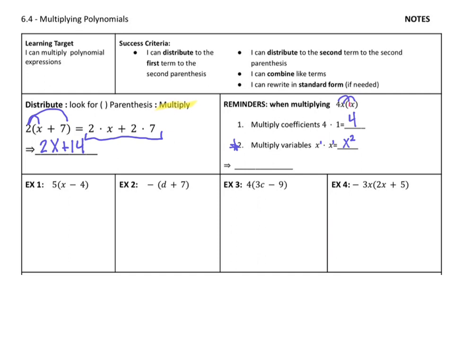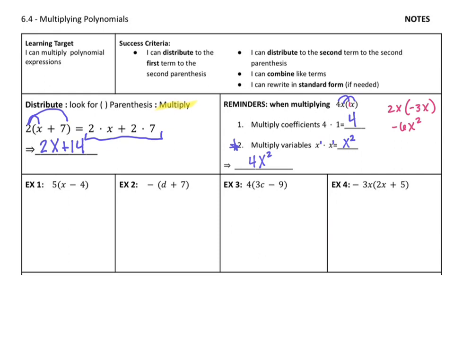So 4x times x is 4x squared. One other quick example, if you had 2x times negative 3x. Again, you'll multiply the numbers, the coefficients together. So 2 times negative 3 is negative 6. And the letters together, x times x is x squared.